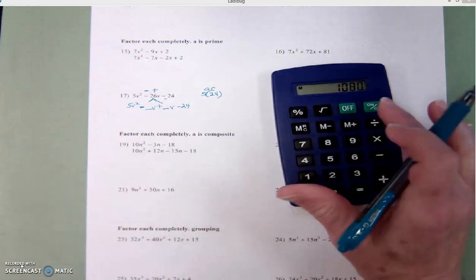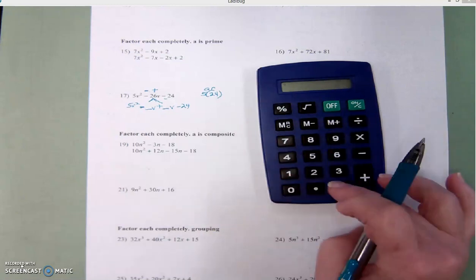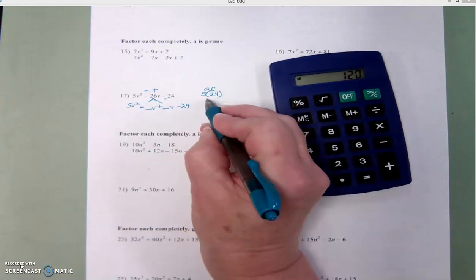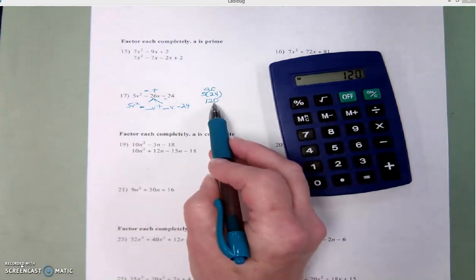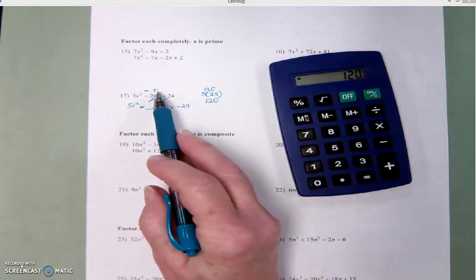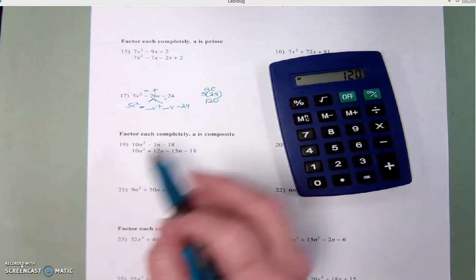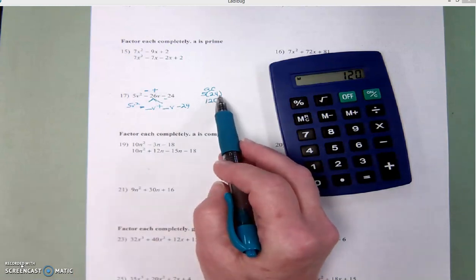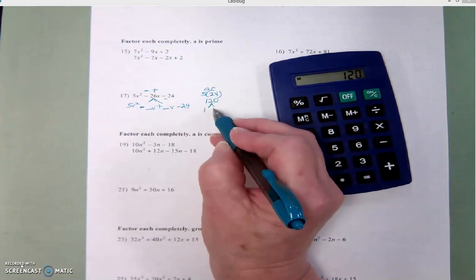I got 1080. I don't think that's right. 5 times 24. How about 120? That is much better. I need two factors of 120 that when they're subtracted, because they're going to have opposite signs, give me 26. Would 5 and 24 do that? No, they're not. Would 1 and 120 do it?